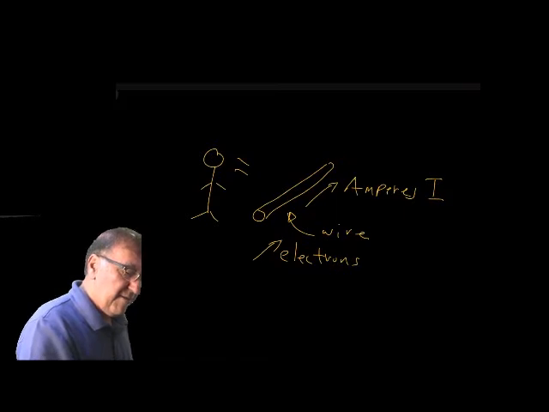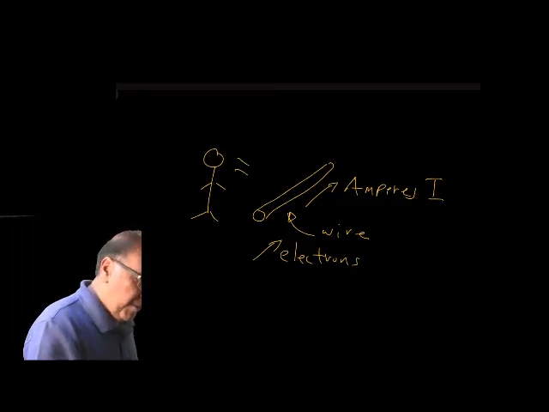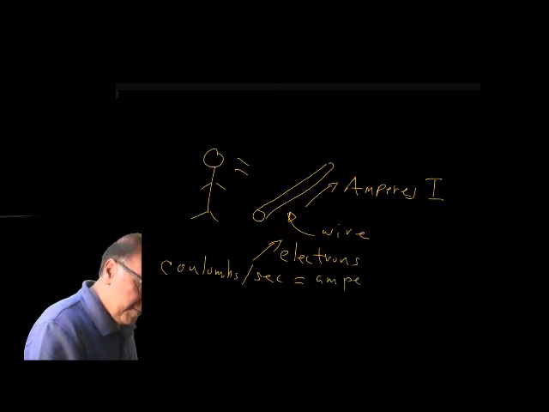Current is defined as electrons moving in a wire, and the unit of measure is called coulombs. Coulombs per second equals amperes, also called amps.